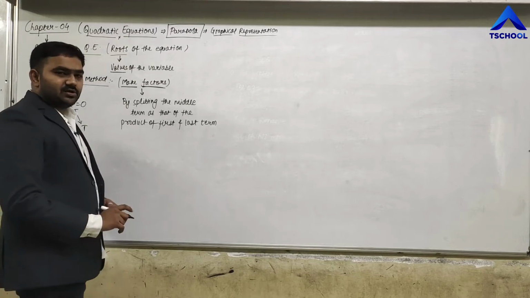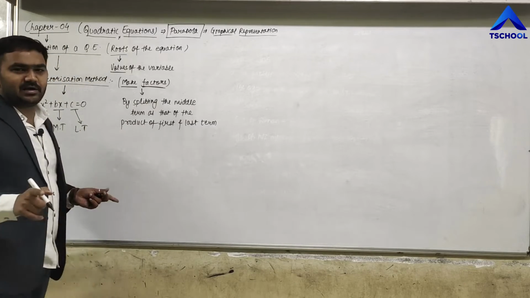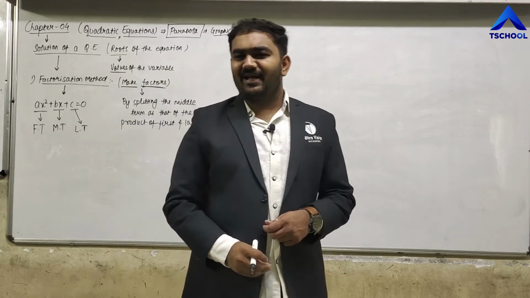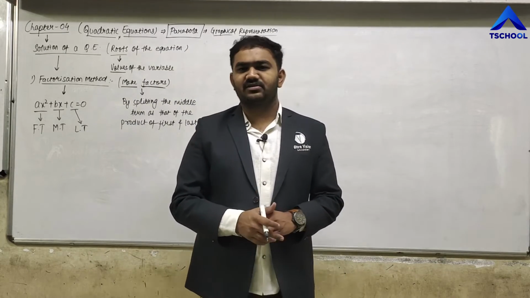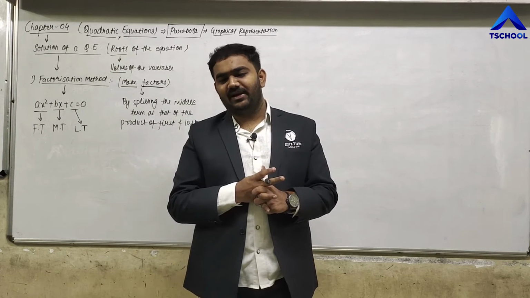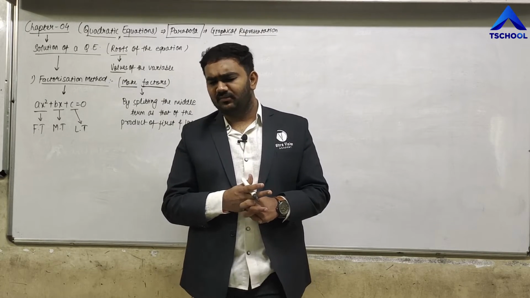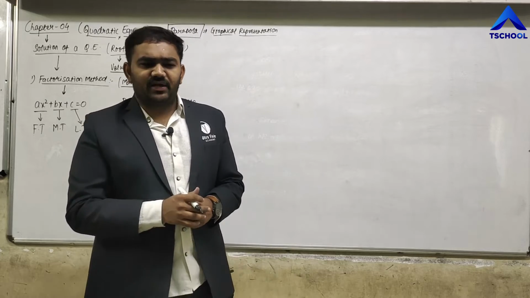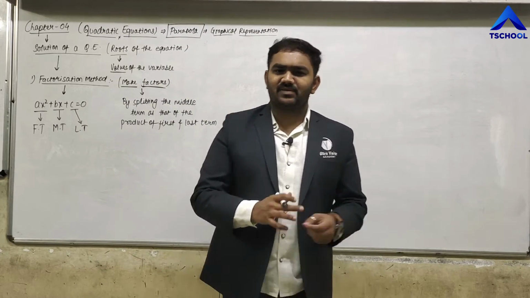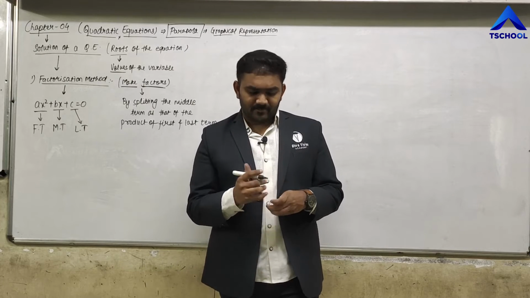We are going to split the middle term such that it can be represented as a sum or difference of the factors that we get for the multiplication of first and last term. This might be a little tough one for you to understand. Again, let me repeat.